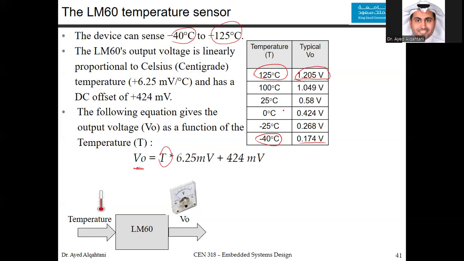Now, some points that may be interesting to you: the freezing temperature, 0 degrees centigrade, gives the offset, and 100 degrees centigrade, the boiling temperature, gives 1.049 volt. So you just put in the sensor and it gives you the voltage, ready for the ADC.